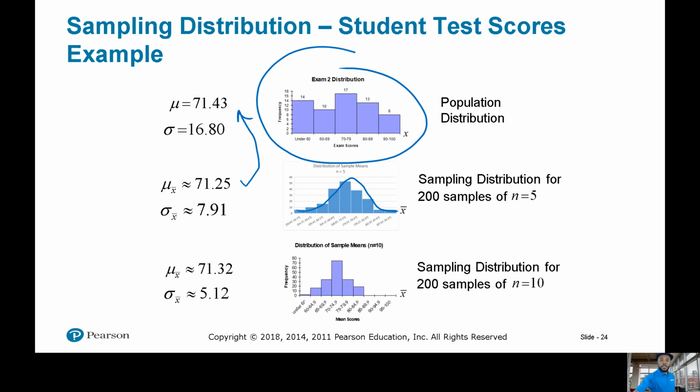As the sample size increases to 10, this is even closer to the population mean than when n is equal to 5. Now, as n increases, the standard error decreases, so this is less than this. This leads us to the whole concept of the law of large numbers. As n increases, the variability decreases.